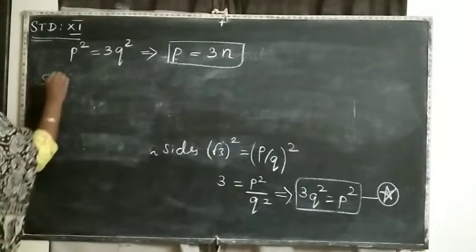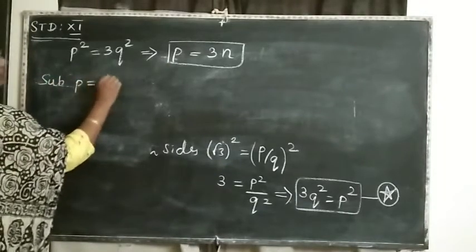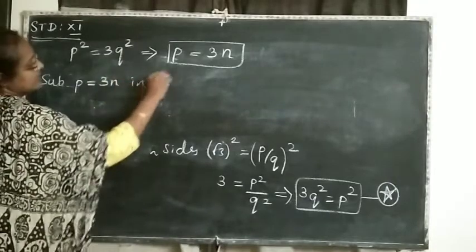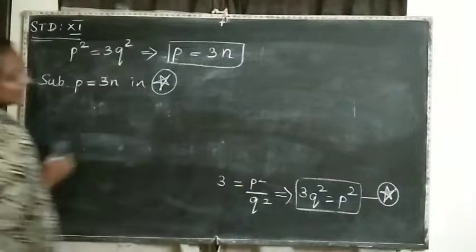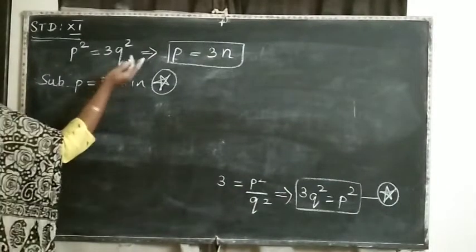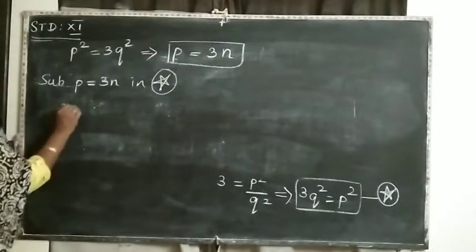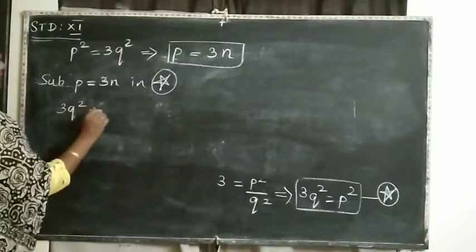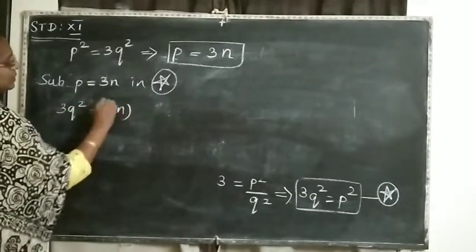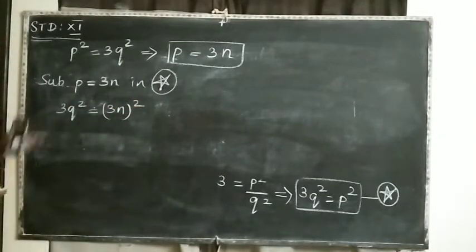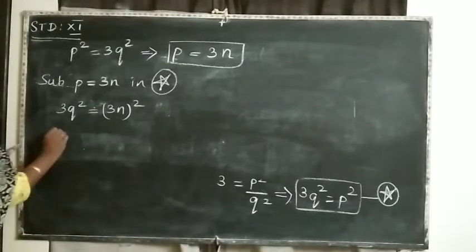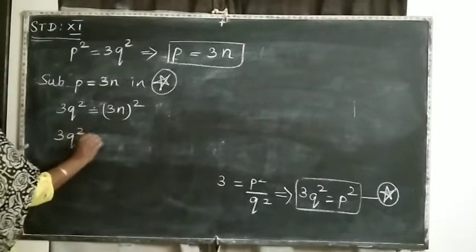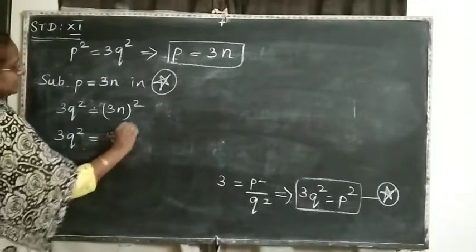Now instead of p, I substitute 3n. So this becomes 3q squared is equal to 3n the whole squared. Since p is equal to 3n, p squared will be 3n the whole squared. So what will be the answer? 3q squared is equal to 9n squared.